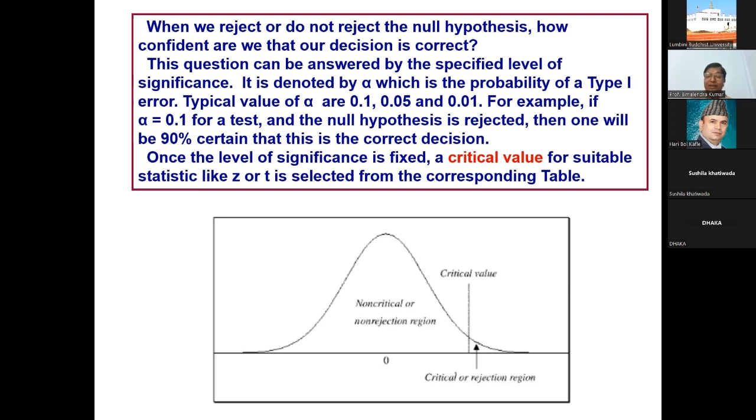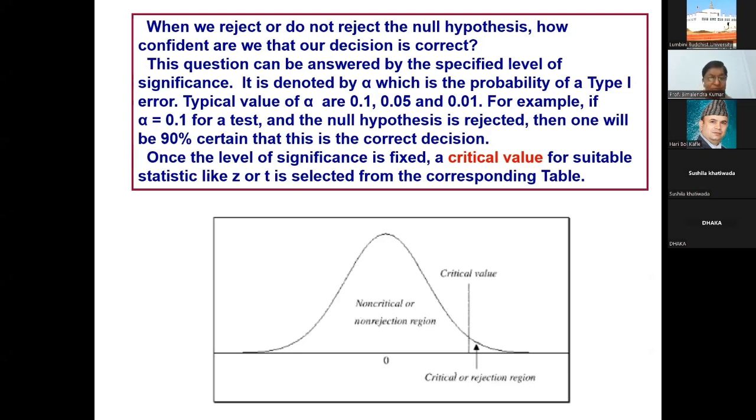Typical values of alpha are 0.1, 0.05, and 0.01. For example, if alpha is equal to 0.1 for a test and the null hypothesis is rejected, then one will be 90% certain that this is the correct decision.